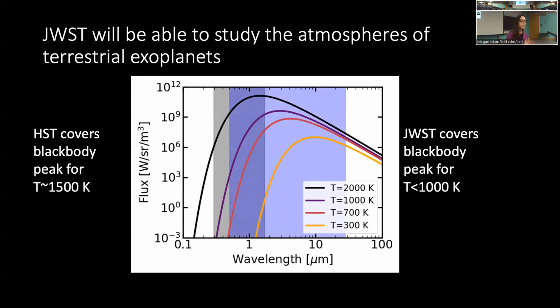On the other hand, JWST is covering this much wider wavelength range, and particularly its mid-infrared instrument MIRI is extending to these much longer wavelengths. So it can cover the peak fluxes for black bodies all the way out to much colder temperatures. So even just for that reason, JWST is going to be really great for studying terrestrial planets, and in particular habitable zone planets.